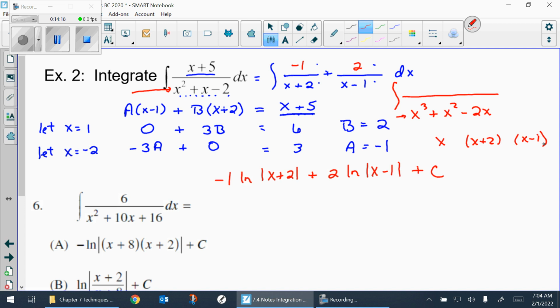And so when I form my partial fractions, I would have 1, 2, 3 of them. If I factored the bottom and I got 3 separate factors, I would have 3 partial fractions. I'd have a over x plus b over x plus 2 plus c over x minus 1.